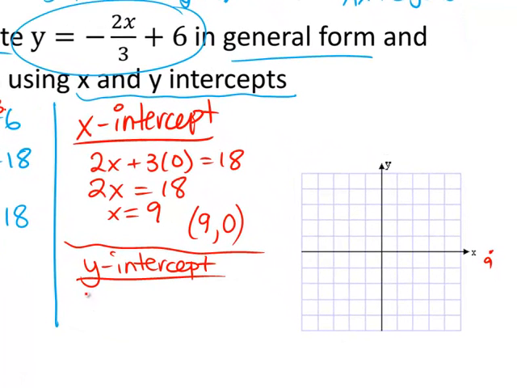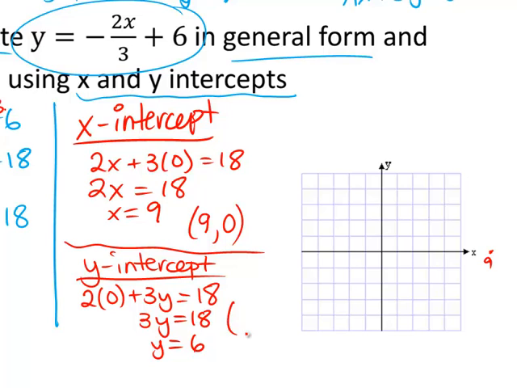So let x be 0. Therefore, 3y is 18, so y is 6, giving us the y-intercept (0, 6). (9, 0) is right there, and (0, 6) is right there. You can connect your two points, and voila, you have a line which represents this equation.